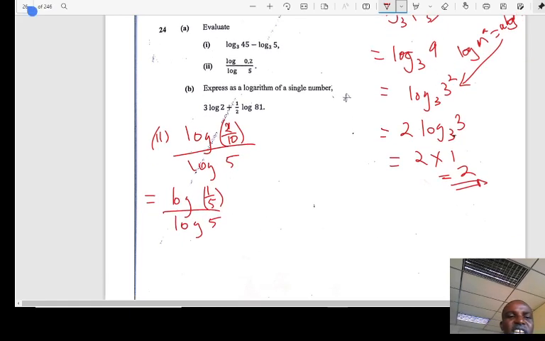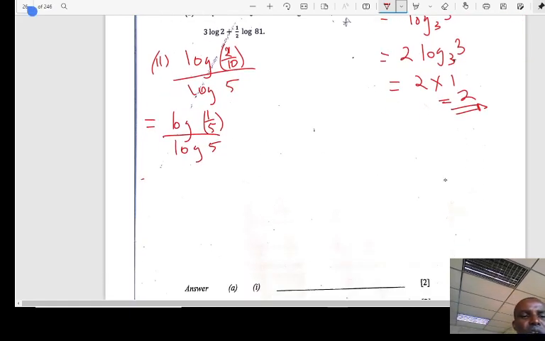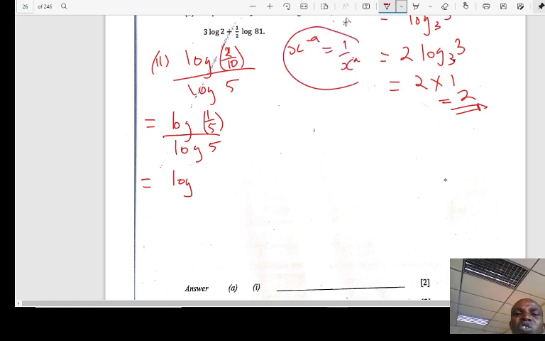Apply the laws of indices. Any number raised to a negative power is the same as 1 over the same number raised to a positive power. So to bring 5 up, you just give the power negative: 5 to the power minus 1.